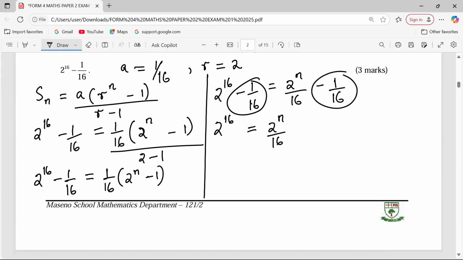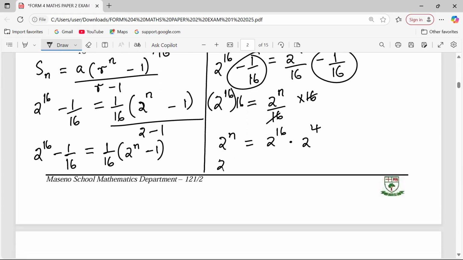Allow me to multiply by 16 and also by 16 on this side, such that 2 power n equals 2 power 16, and also 16 can be written as 2 power 4. Yeah, that way, 2 power 4. So 2 power n equals 2 power 20. And if that is so, because the bases are the same, then n is going to be 20.